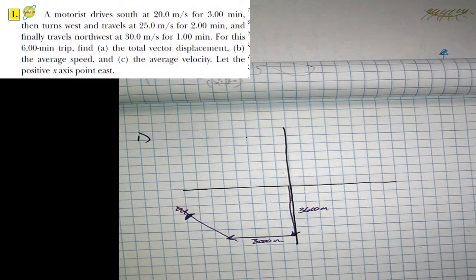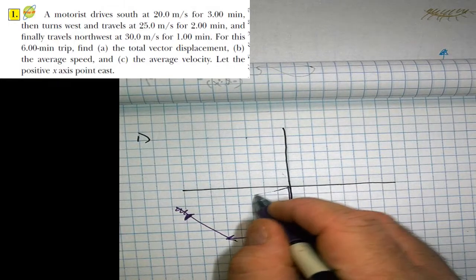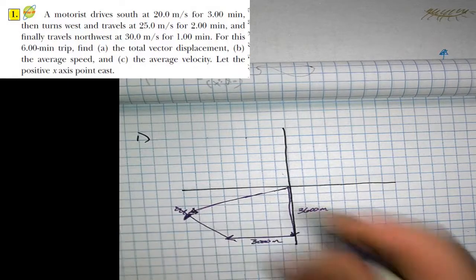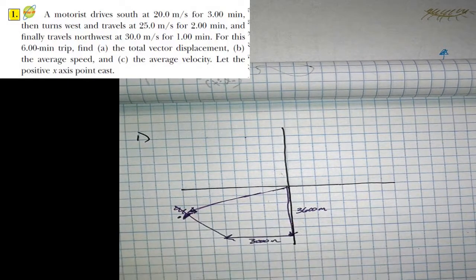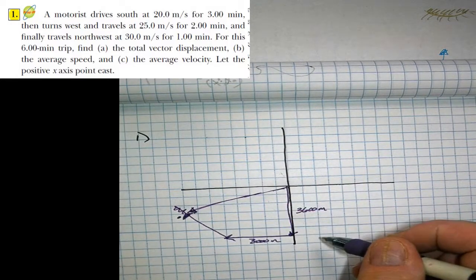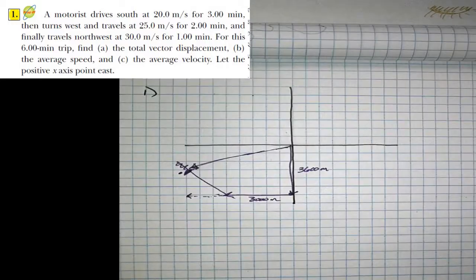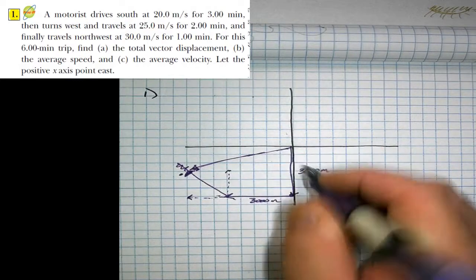Okay, so we want to find the total vector displacement for A. So we need to see what this position is. We're going to need to find what this distance is here and what that distance is here and add them to these guys.